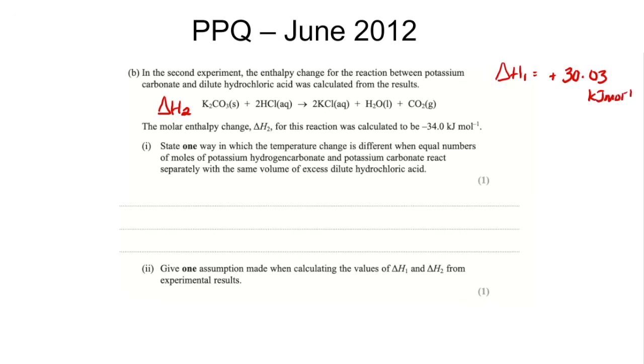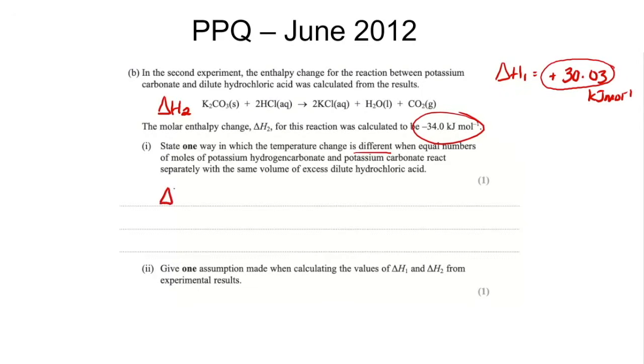So we need to state one way in which the temperature change is different between these two, where we can see there is a complete difference between this value and this value. The thing that should stand out to you most is the fact that they are two different signs. So there are two different ways that we can answer this question.